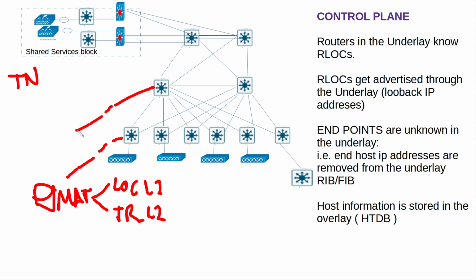I will also use an ARP table that will provide me with mapping between IP addresses and MAC addresses. And it will help me because traditional networks use layer 3 technology and layer 2 technology.